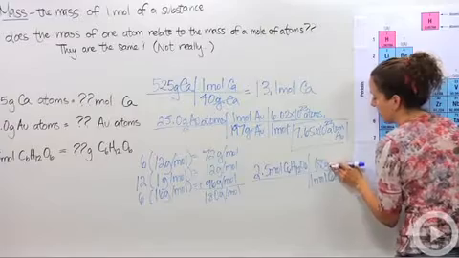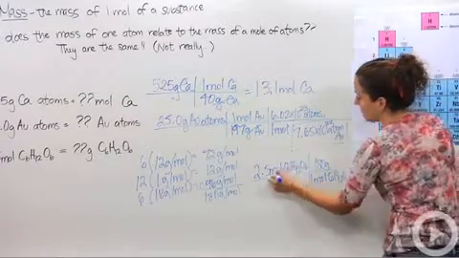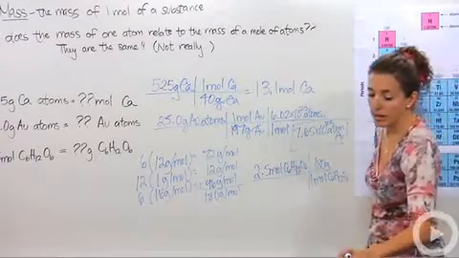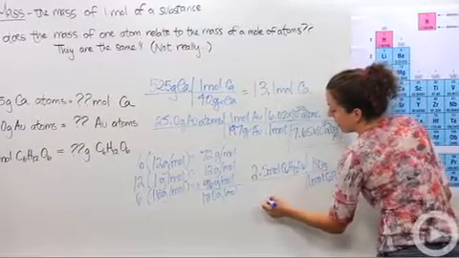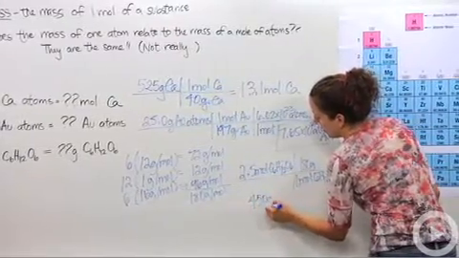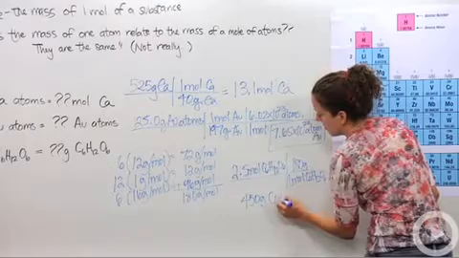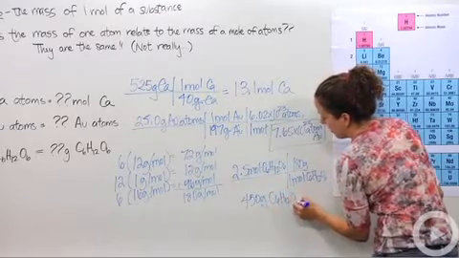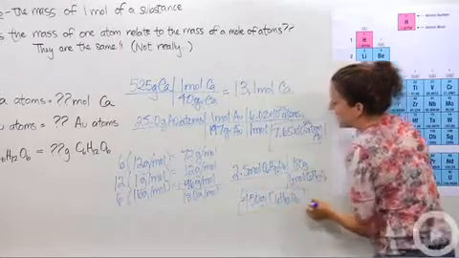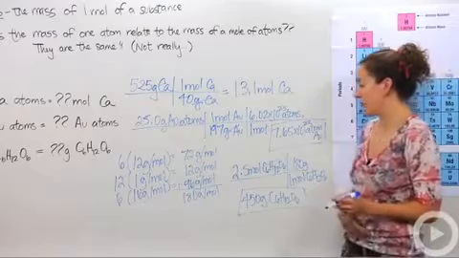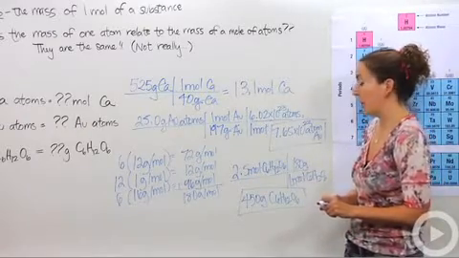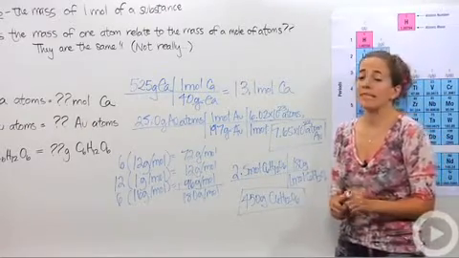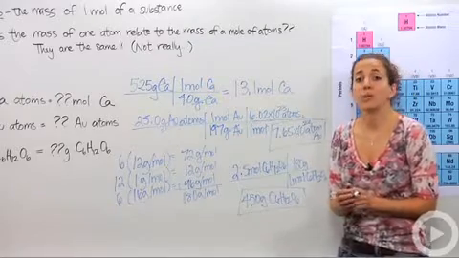So crossing this out, 2.5 times 180 is 450 grams of glucose. So we know that 2.5 moles of glucose is 450 grams of glucose using our molar mass. So this molar mass is actually very helpful when converting between units.